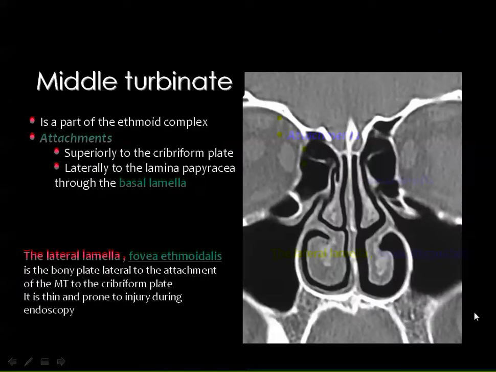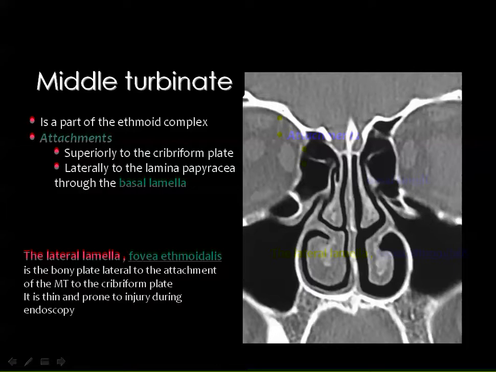Then here you can see that there is pneumatization of the orbital floor, which is known as the Haller cell, bilaterally on the right side and also on the left side, encroaching on the osteomeatal unit.